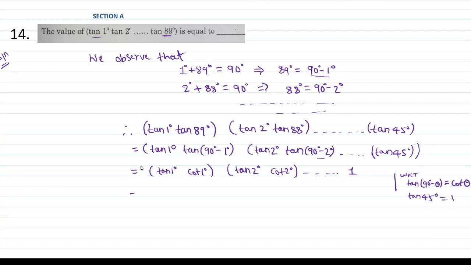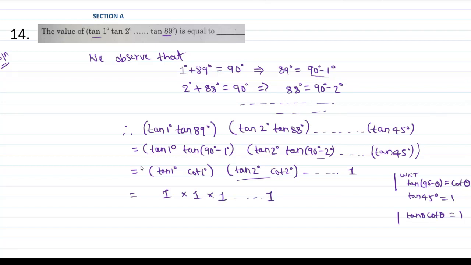In the next step, tan 1 degree into cot 1 degree, we know that tan theta into cot theta is equal to 1. Therefore, 1 into tan 2 degree into cot 2 degree, its value is also 1. And next, tan 3 degree into cot 3 degree, its value is also 1, and so on.